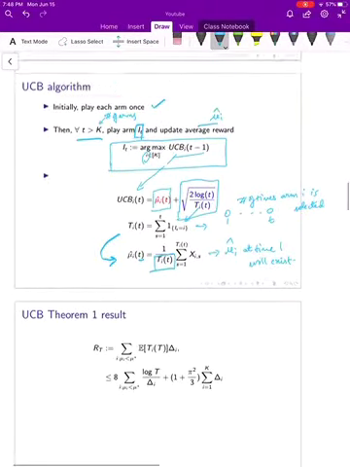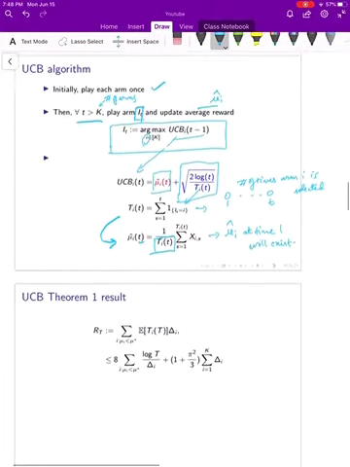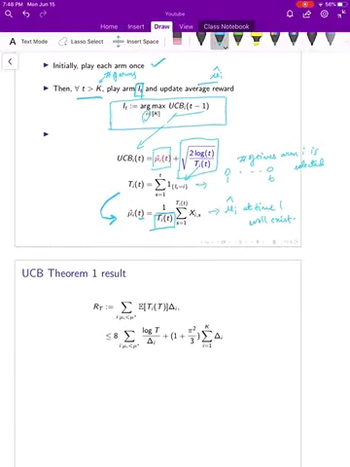So yeah, this is the algorithm, and the result, as I said before, for any finite t, R_T is less than this term, to be exact.